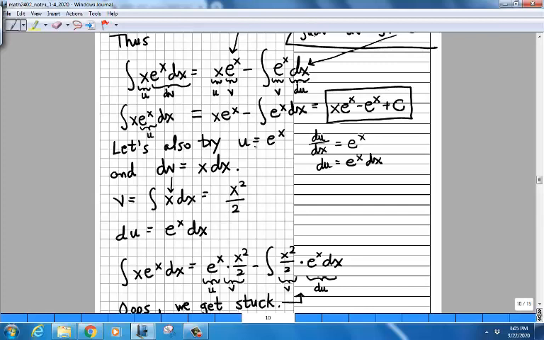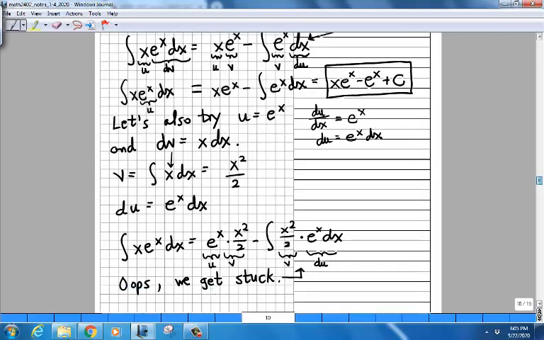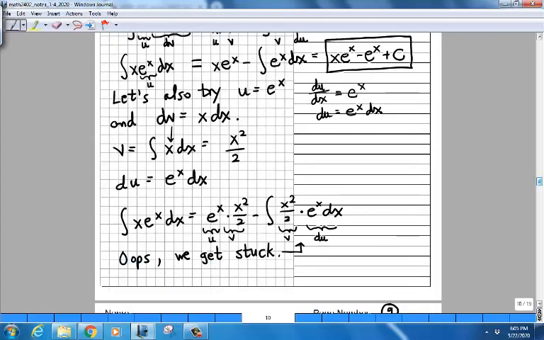So let's try plugging this into our integration by parts formula. What does it say?